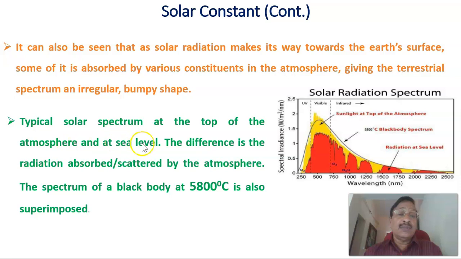The yellow one is the top of the atmosphere, and the red one is at sea level. The difference between the yellow and the red is the radiation that is absorbed or scattered by the atmosphere. The spectrum of a black body at 5800 degrees is also superimposed. Therefore, this is the solar radiation spectrum.